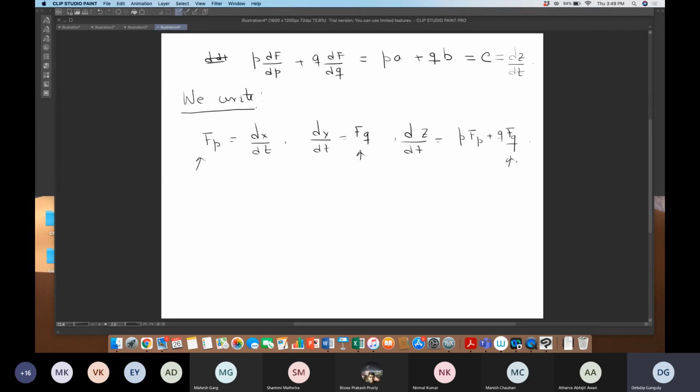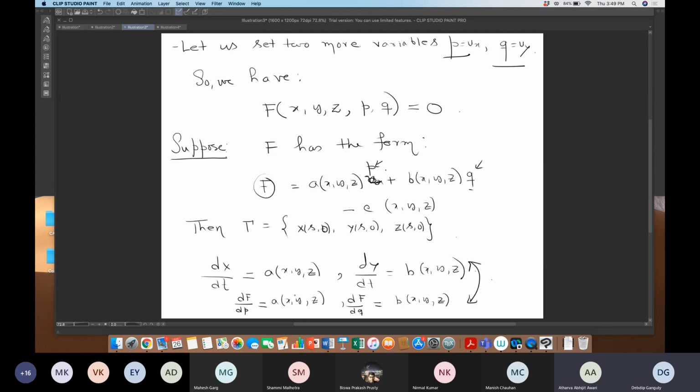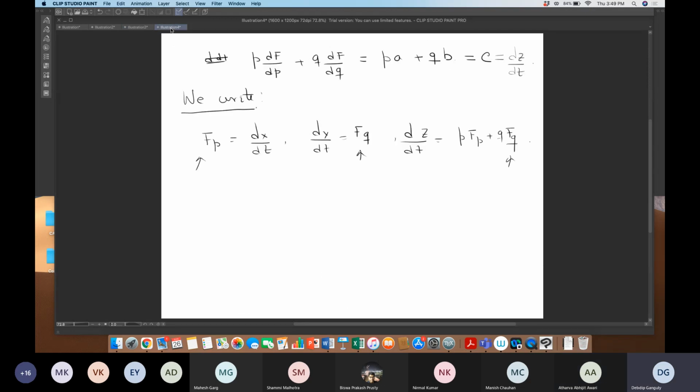So we need to have an equation for p and q as well, right? Yes or no? Yes, because df by dp, we want to study in terms of p and q also. So we need equations satisfied by p and q as well.